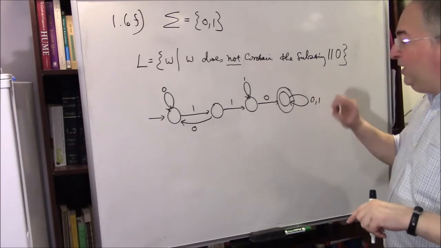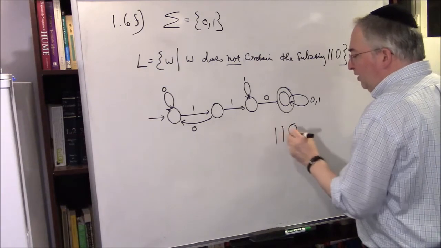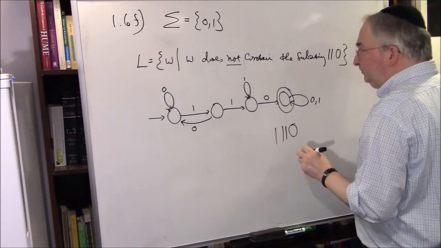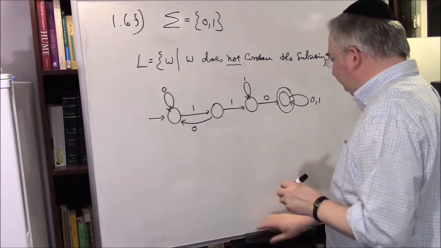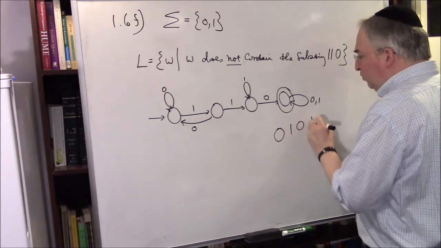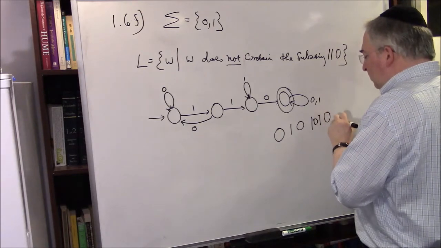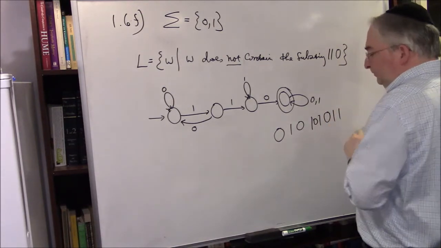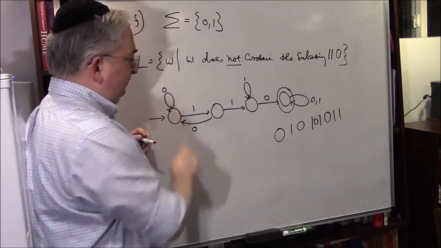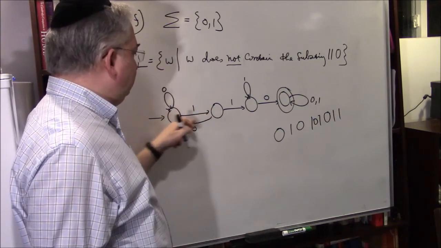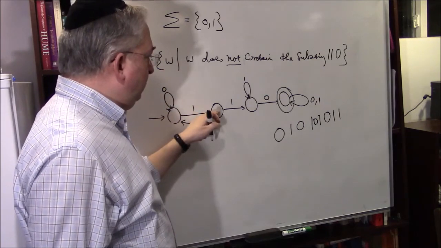Now, I'd like to show you some words to see if they fit. So let's do it. 1, 0, 1. That's too easy. 0, 1, 0, 1, 1. 0, 0, 1, 1. Let's do this. You ready? Start here. 0, 1, 0, 1, 0, 1, 0.